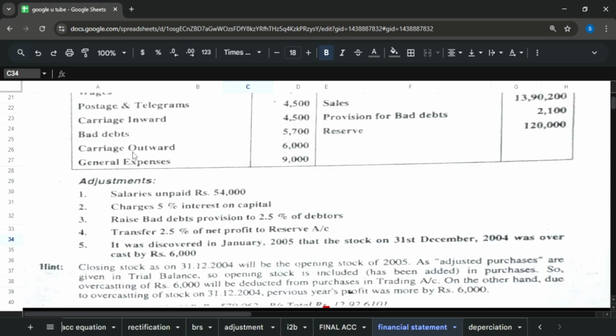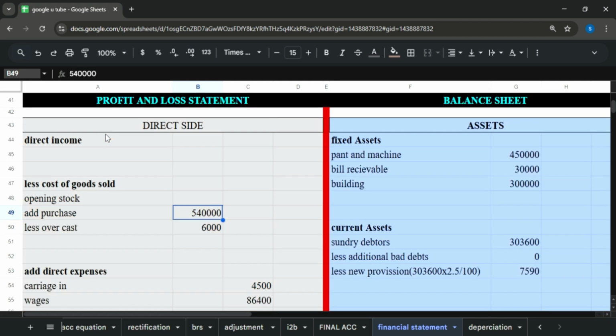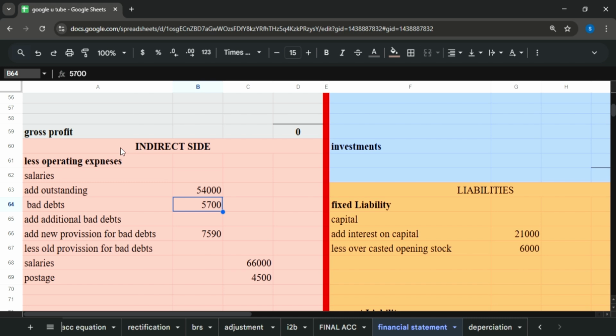After carriage in we have bad debts 5700. Its place is also already fixed, so 5700 is the amount of bad debts. Then we have carriage out 6000. Carriage out is your operating expense here.